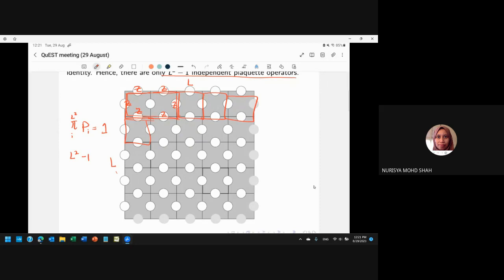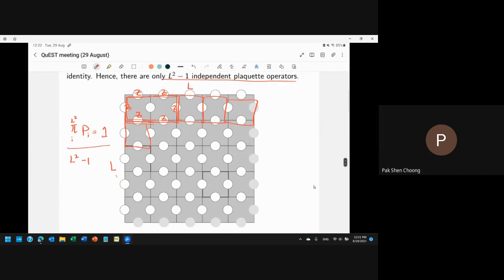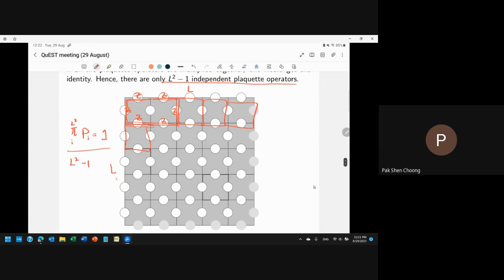In this case, you also don't want a set of plaquette operators that are dependent. That's why if you multiply everything together, you get a dependent set, so you just minus 1 to get the independent ones. So for plaquette operators, you have L squared minus 1 independent plaquette operators.